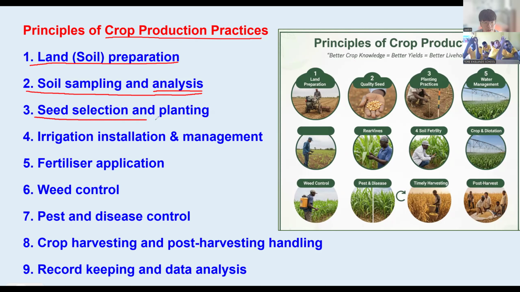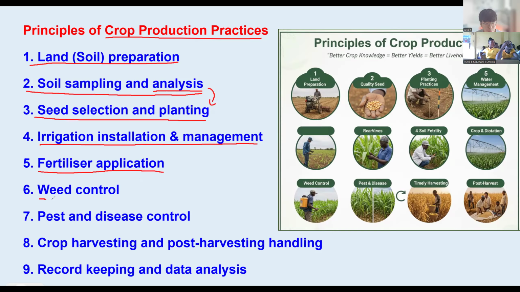Next step is seed selection and planting. We need to select which seeds are best for that type of soil that has been analyzed. And after that, we have the irrigation installation and management. So we need to properly manage the farming and the water systems that are in the farmlands. Of course, we can apply fertilizers, can spray fertilizers. That's part of the crop production practices.